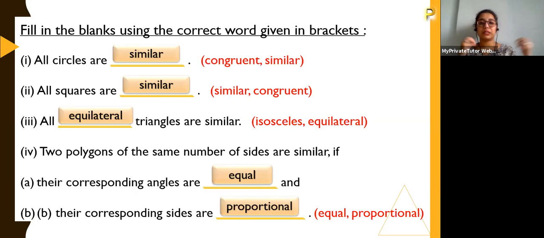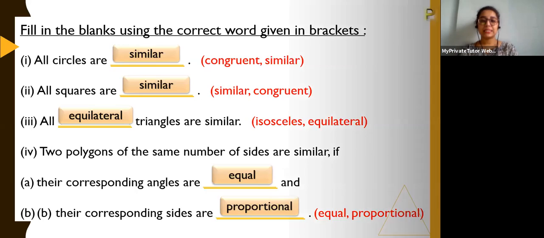Whether a rectangle, a square, a triangle, hexagon, or pentagon, they should have the same number of sides. After that, the angles should be equal. If you talk about two triangles, the angles should be totally equal, and the sides should be in proportion, which I've already told you the example of.